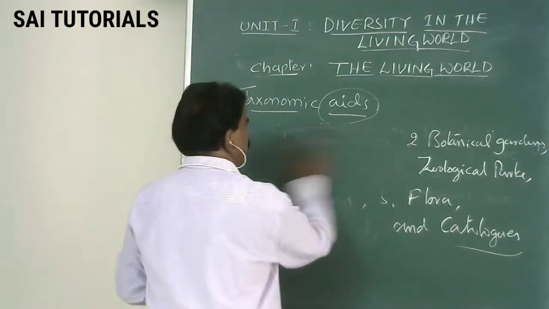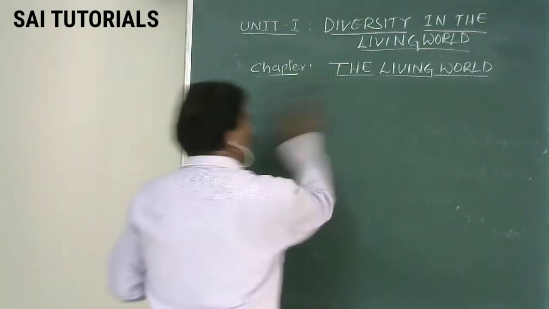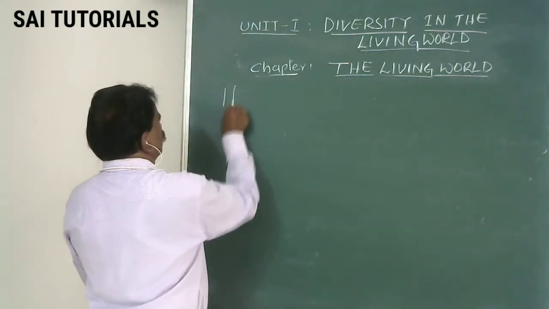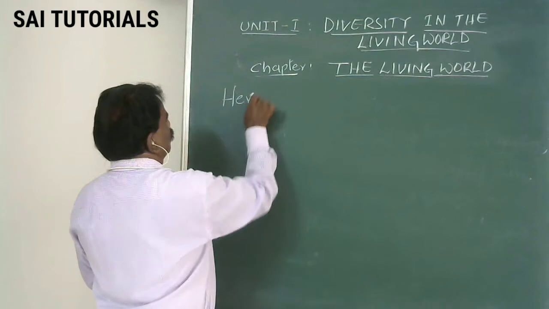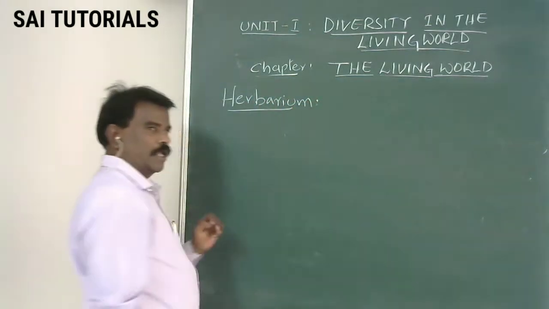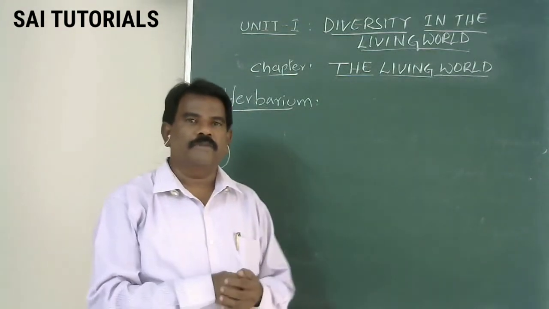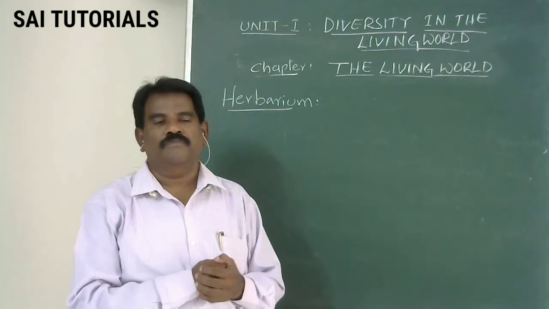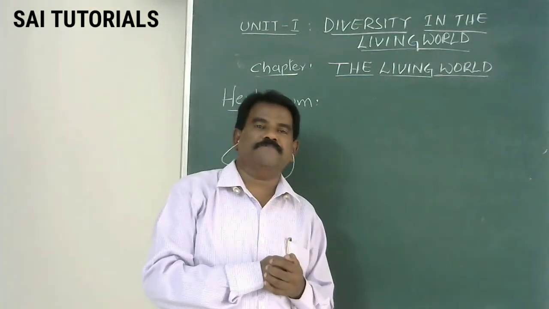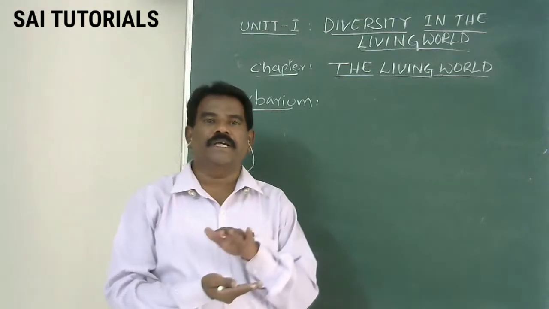First one, herbarium. What is a herbarium? Herbarium is a collection of stored plant species which are dried, pressed and preserved on a sheet.